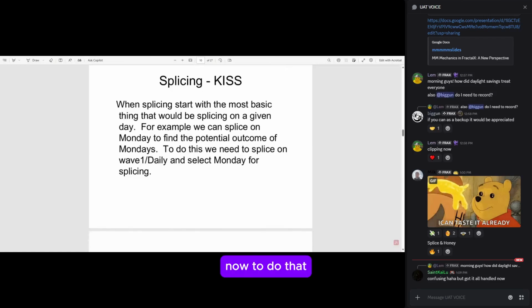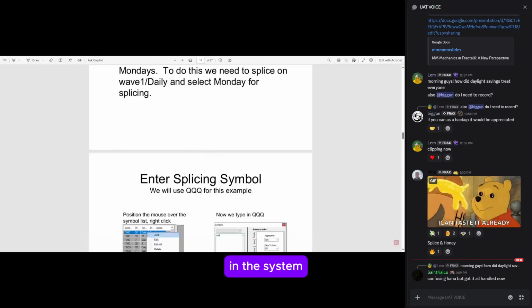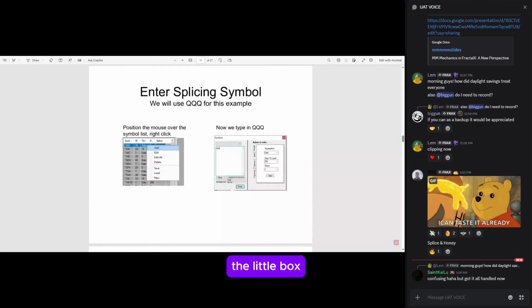Now to do that in the system, you right click over the symbol, you click add, and then you'll get the little box that says, okay, what symbol, and type in whatever symbol you want, but I'm using QQQ in this example. And set your aggregation to daily wave 1, because you're training this system.